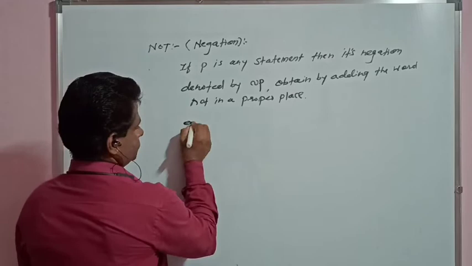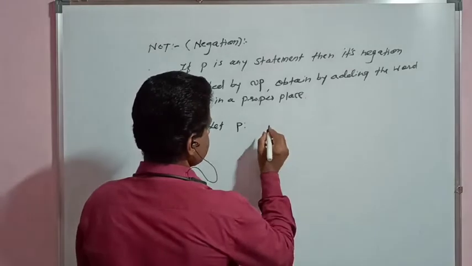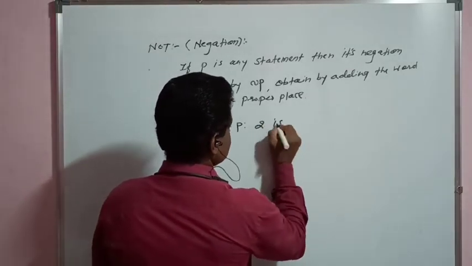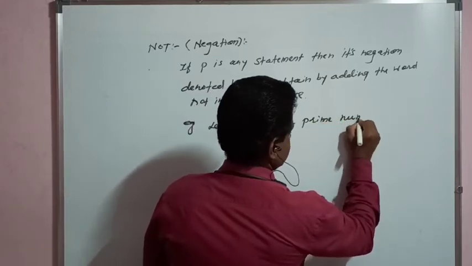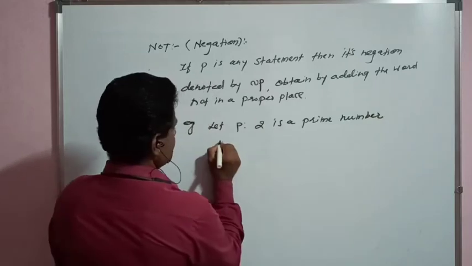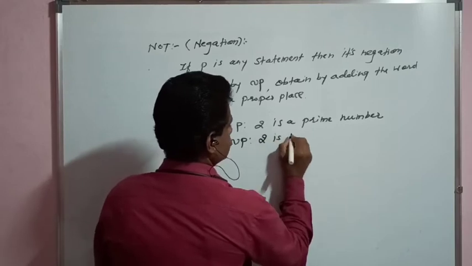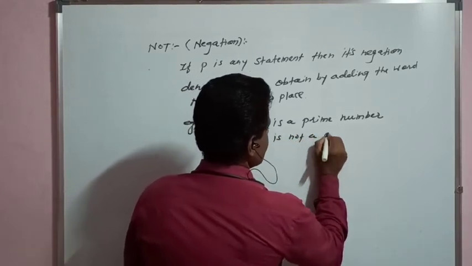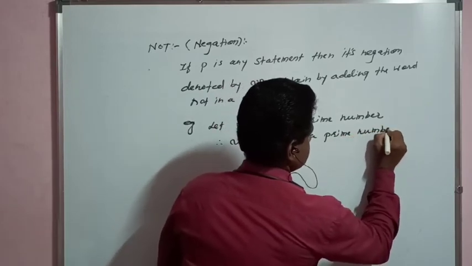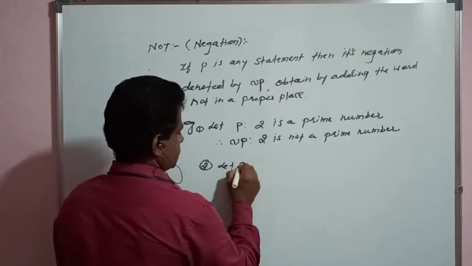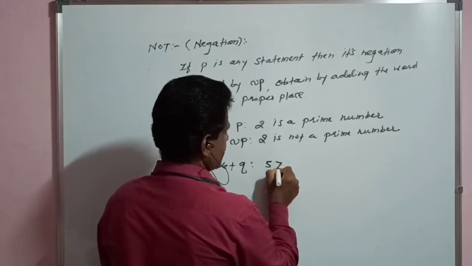For example, let P be the statement: 2 is a prime number. Then its negation is what? 2 is not a prime number. Let Q be the statement: 5 is greater than 3.